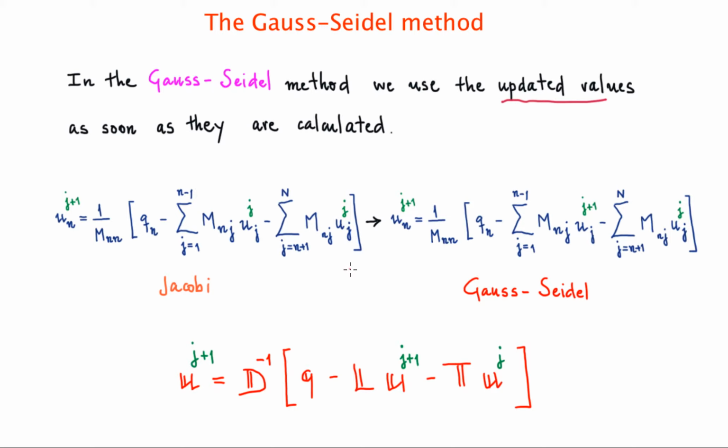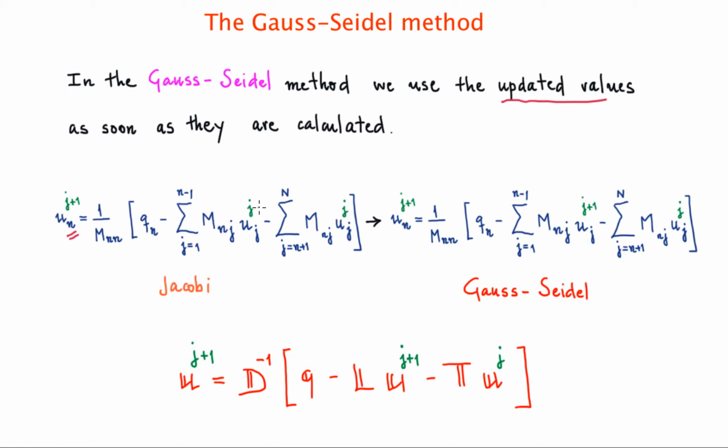And in the Gauss-Seidel method, when applying all the u vectors we have here, for example, where j is going from 1 to n minus 1, this is the expression that we have in the j plus 1 iteration for the un, but all the previous ones, all the elements going from 1 to n minus 1, have already been calculated.